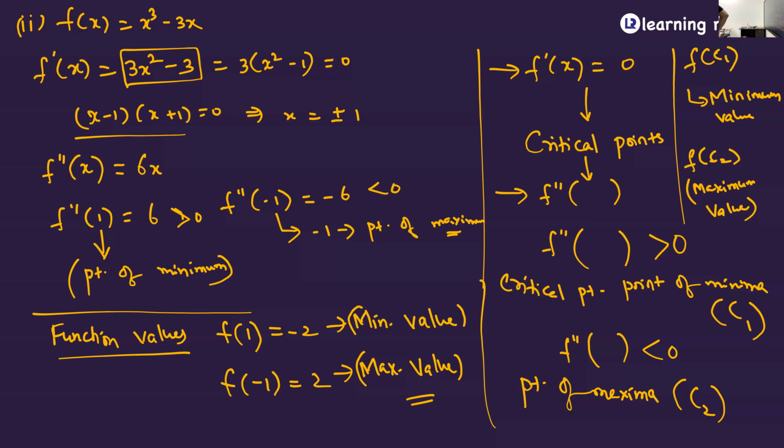So sin x plus cos x between 0 to pi by 2. Is the answer given as 1 by root 2 and minus 1 by root 2? Values are 1 by root 2 and minus 1 by root 2.